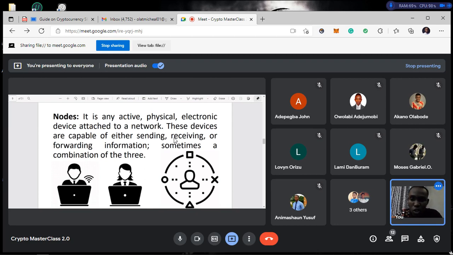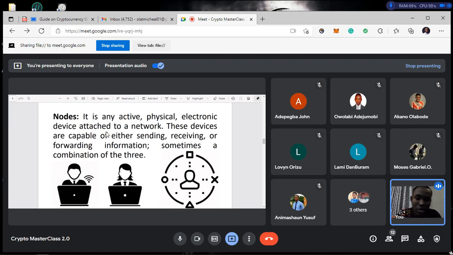Blockchain also uses this same analogy to prevent itself from illegal activities like the 51% attack and the likes. A node is any active physical electronic device attached to the network.